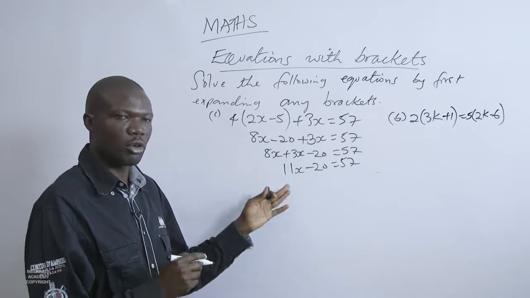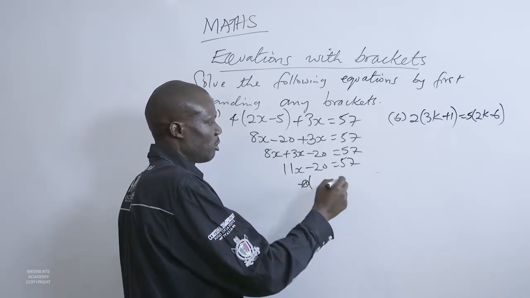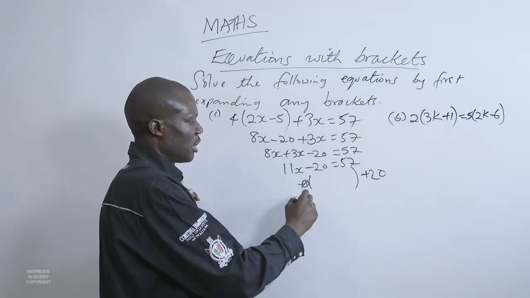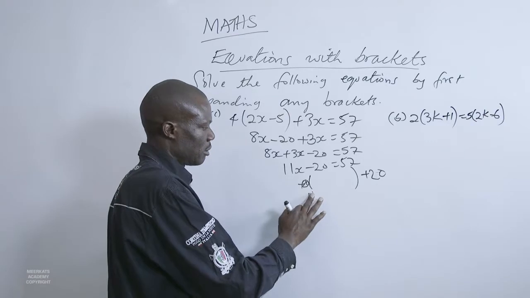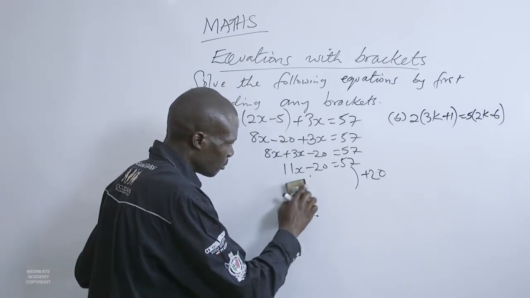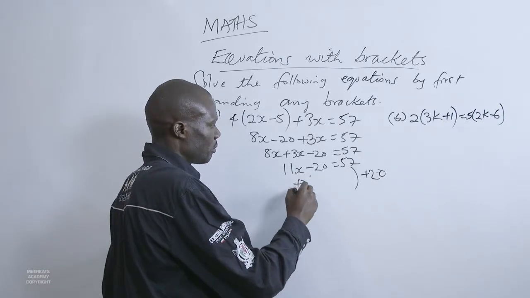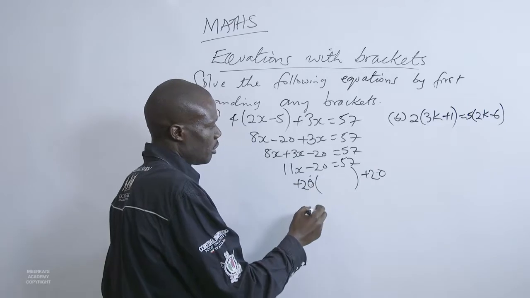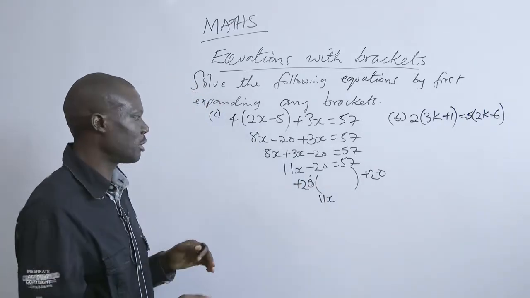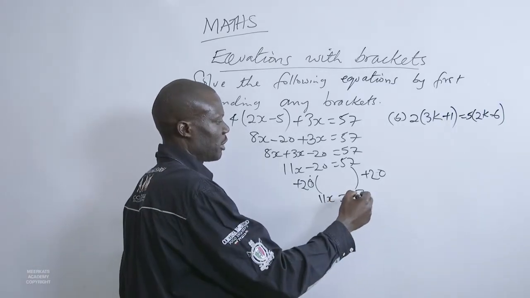We want to make x the subject, so we shall add 20 on both sides so that we have 11x remaining, because minus 20 plus 20 is 0, is equal to 57 plus 20, which is 77.